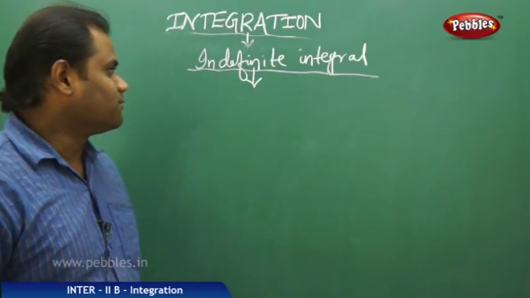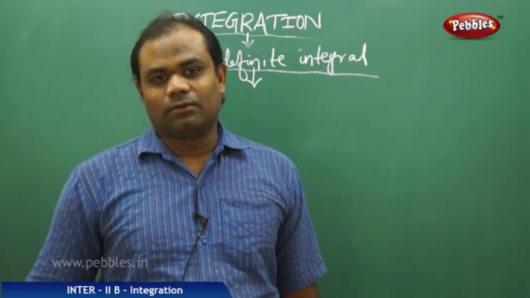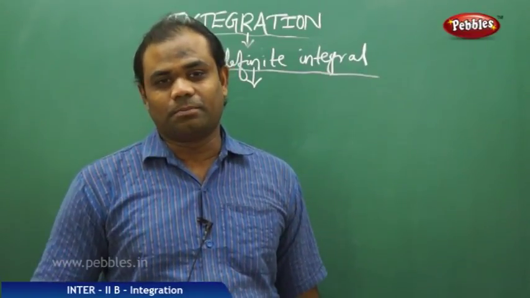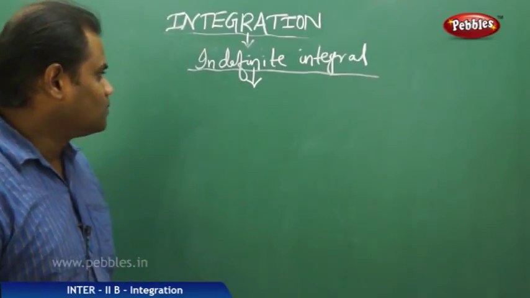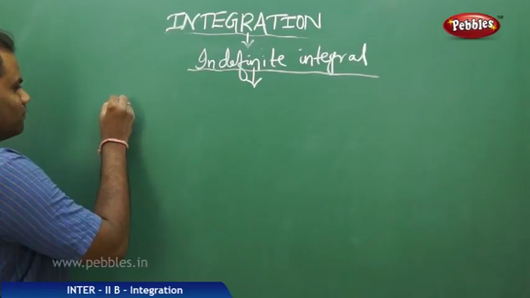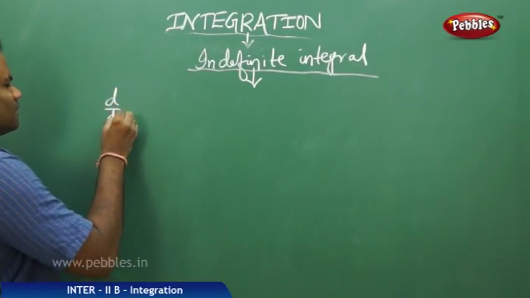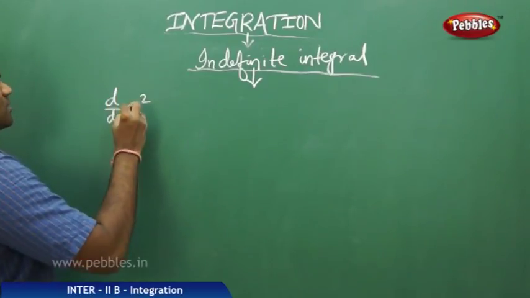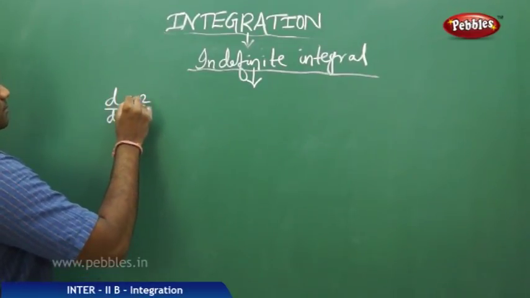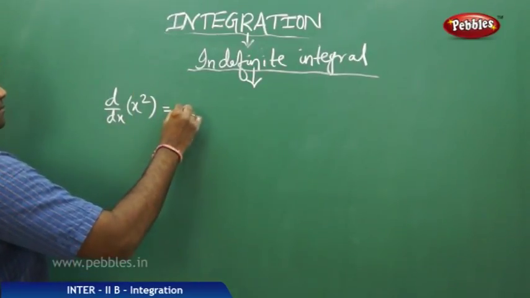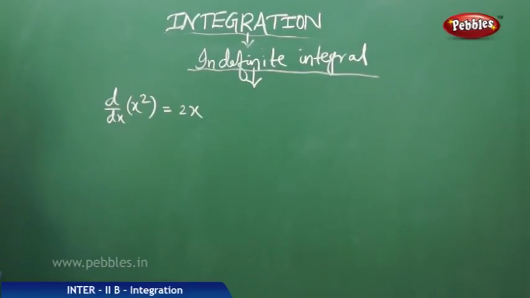Next is the indefinite integral. Now, the concept of the indefinite integral is from where the actual integration topic starts in the syllabus. So, what is the indefinite integral? As we know that the derivative of, say, x squared is 2x, the derivative is written as d by dx.